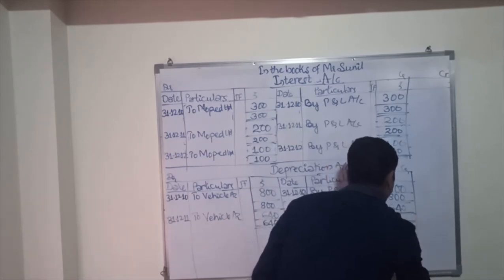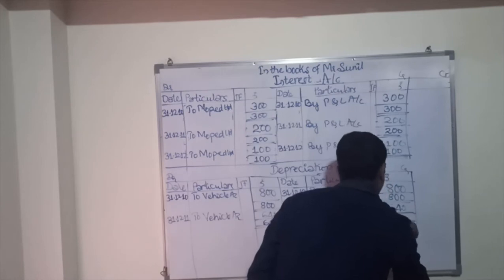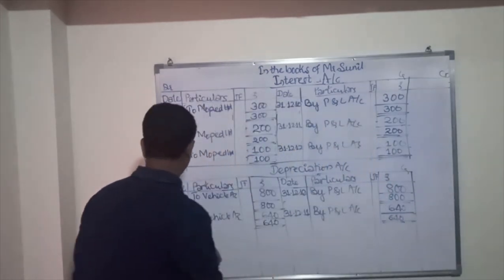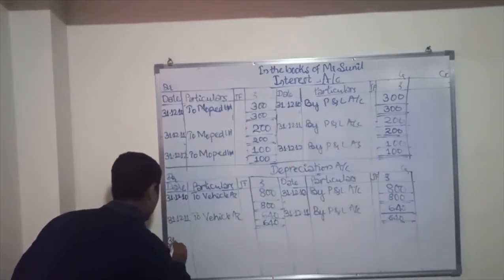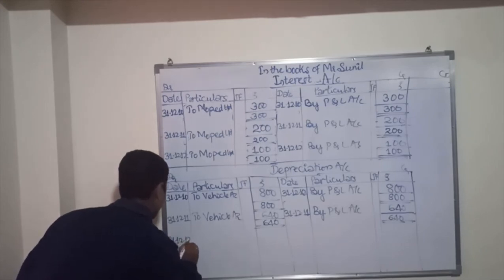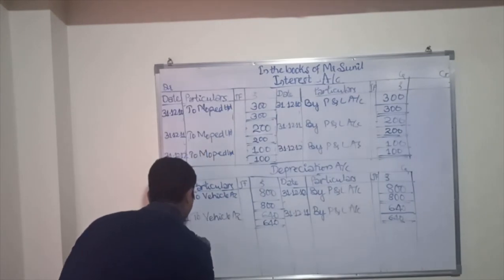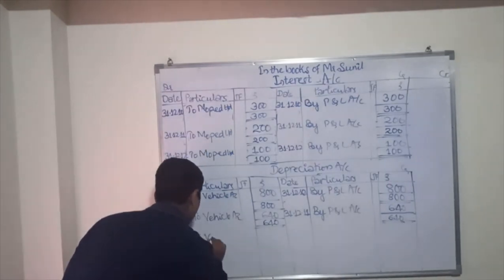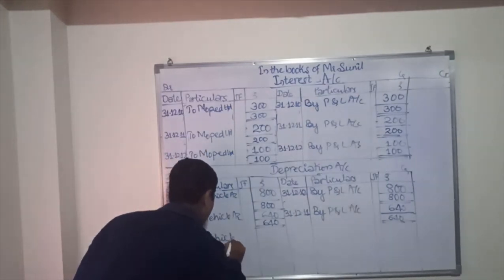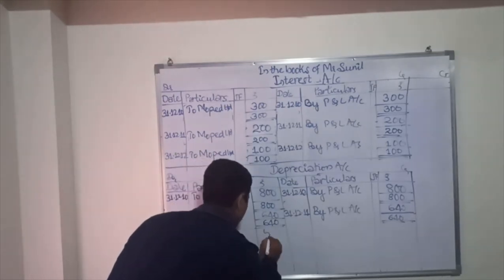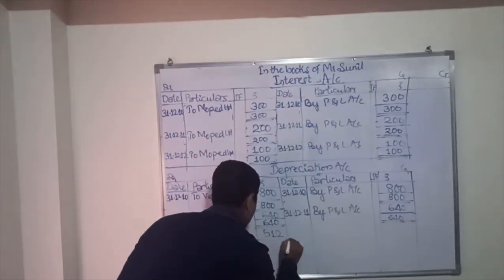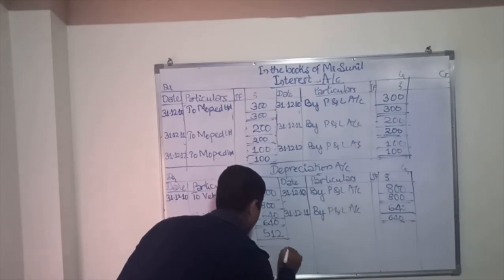Then when the depreciation is allowed for the third year, on 31st 12 2012, the entry will be depreciation account debit to vehicle account. So 512 rupees. This is the last year here.